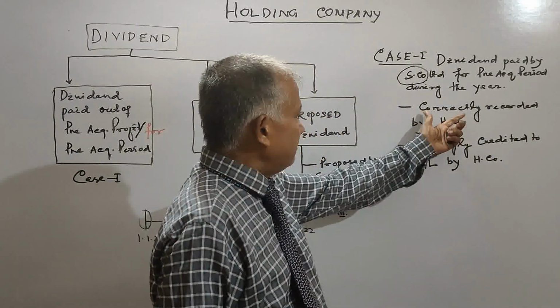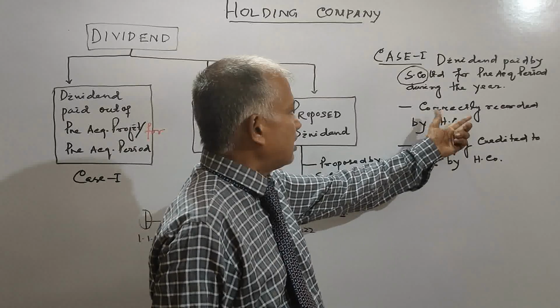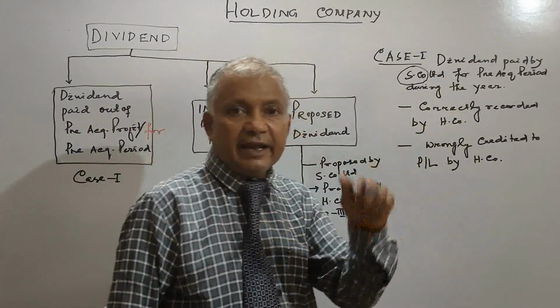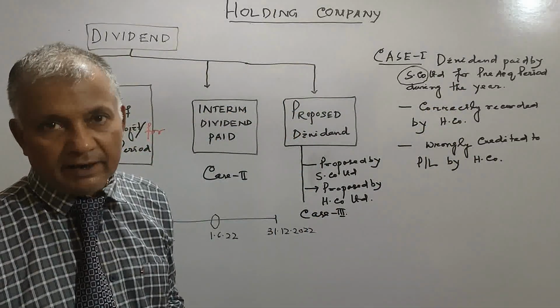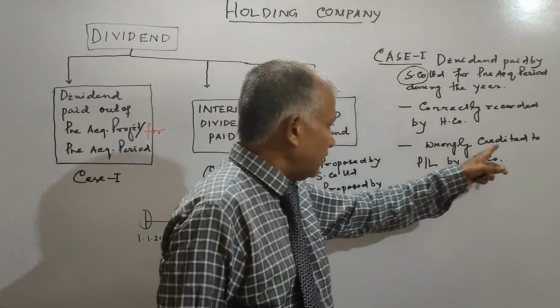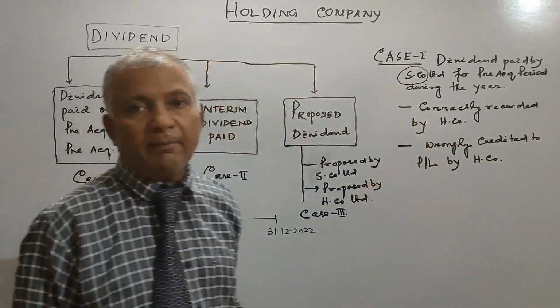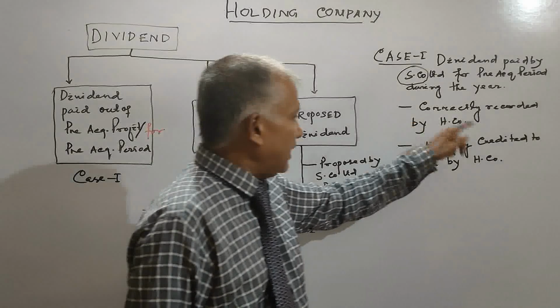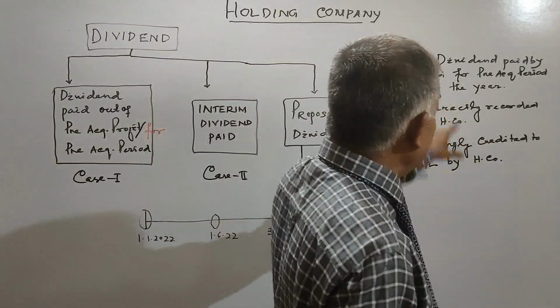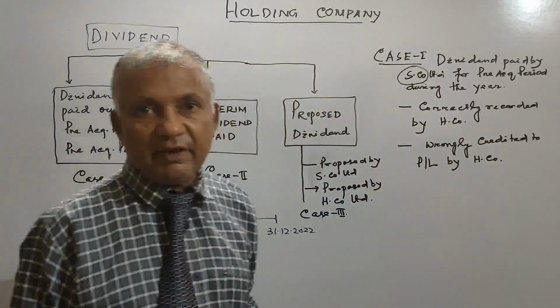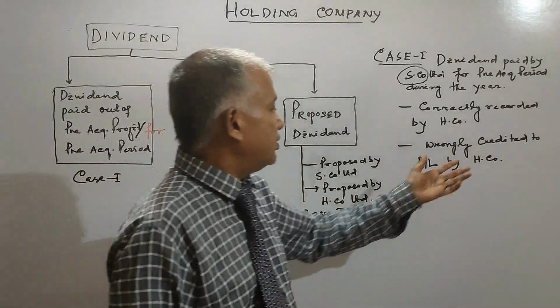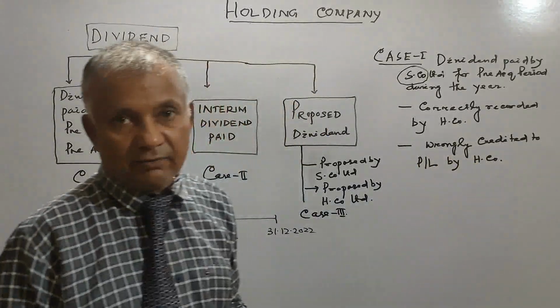It may so happen that it is correctly recorded by the holding company, or it is not correctly recorded by the holding company. Holding company credited this pre-acquisition dividend to its profit and loss account.